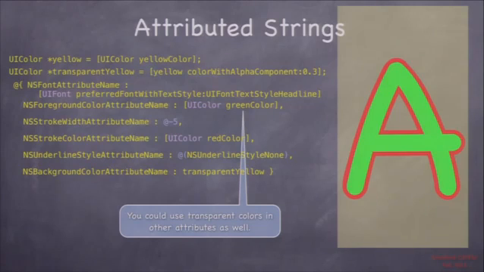In your homework, you might want to think about using transparent colors somewhere else, not the background of a character, maybe the fill color or something. Anyway, transparent colors, good. So hopefully you're all getting a feel for how we build this dictionary. And all we need to do is set the attributes of the characters that we want to have this particular set of attributes.